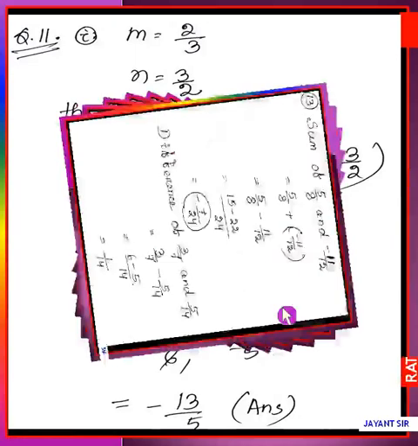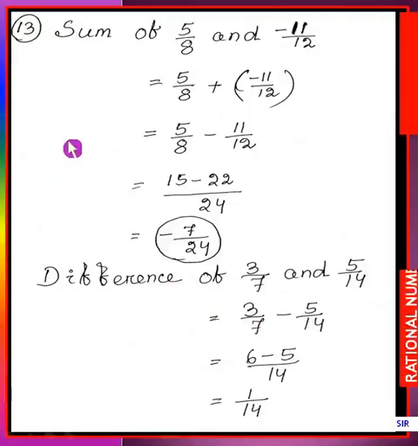Next come to question number 13, and see that it is very important. Write down in your copy and book also, and mark it very important. I have not written the question; you go through the question. Sum of 5 by 8 and minus 11 by 12 equal to 5 by 8 plus into minus 11 by 12, equal to LCM of 8 and 12.